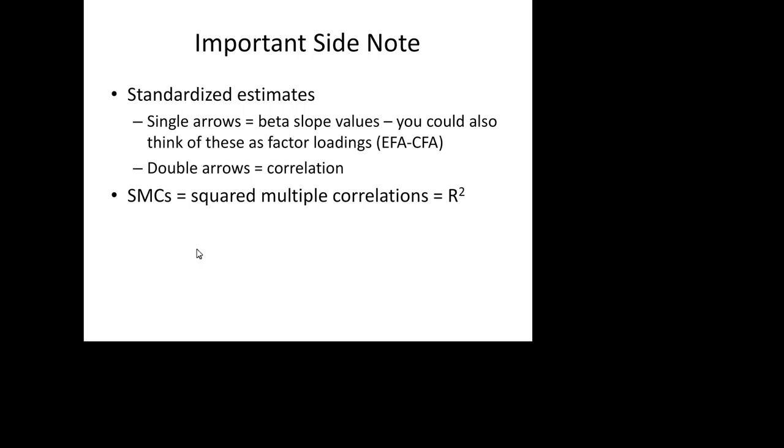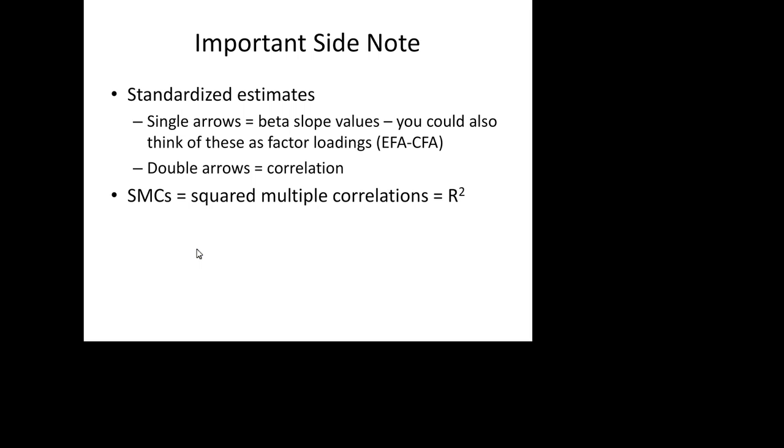They are standard deviations, so it's how many standard deviations increase in Y you get for X. But double-headed arrows are much easier to interpret now. Those are correlations, standardized from -1 to 1, where larger numbers are stronger, and the sign indicates direction: they go up together, or one goes up and one goes down.